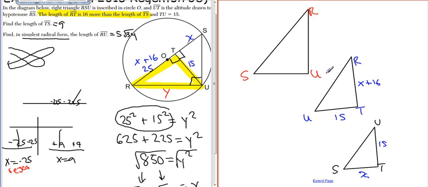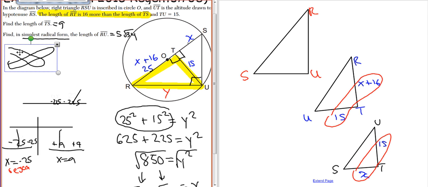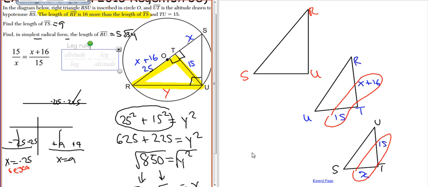So there's your proportion, right? You would set up your proportion in the same fashion that we initially set it up. Initially our proportion looked like this. And you would get the same answer if you decide to do it this route. But you can also use the leg rule that I gave you at the beginning of the video. I'm putting it up there again, and you would get the same answer.